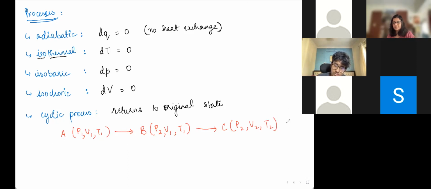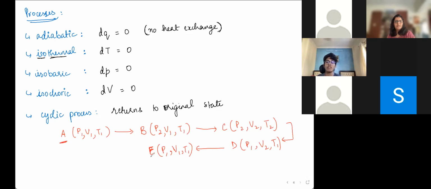Then you do something else, and it goes to a state D, where pressure is brought to P1, volume is at V2, let's say temperature is at T1. Then you do something else, and finally at E, you end up with P1, V1, and T1. So A and E are basically the same thing. Where we started, we came back to the same place. So this is a cyclic process.